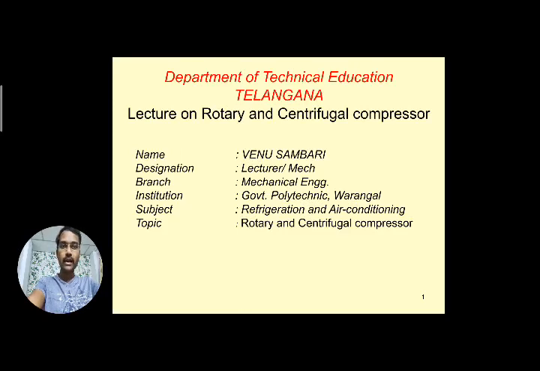Based on different factors, we divided compressors mainly into two groups. Further, depending on different factors, we classified the compressors, and we discussed elaborately the functioning of the reciprocating compressor. Next we saw the hermetic, or sealed, compressor, its advantages, disadvantages, some applications, and some frequently asked questions.